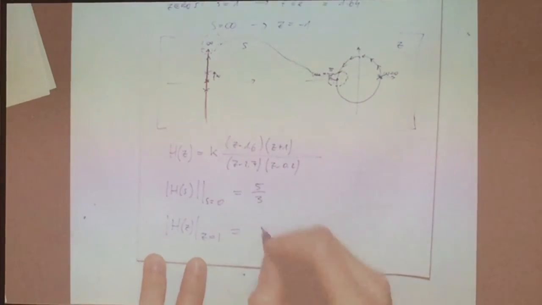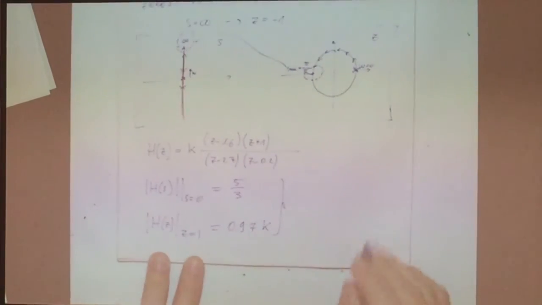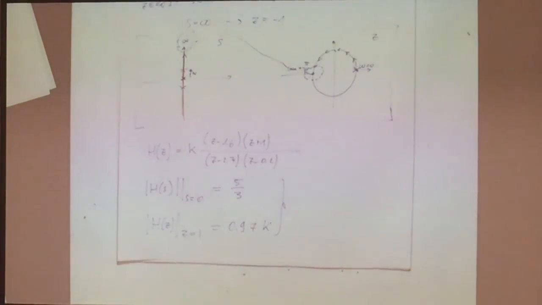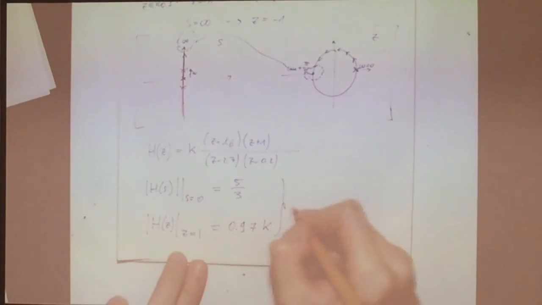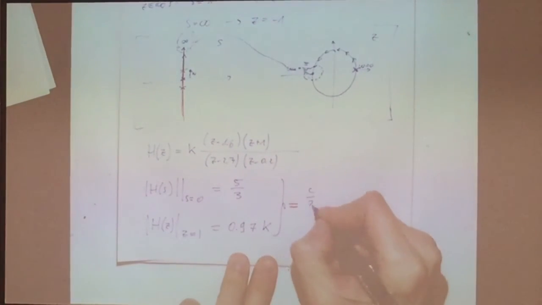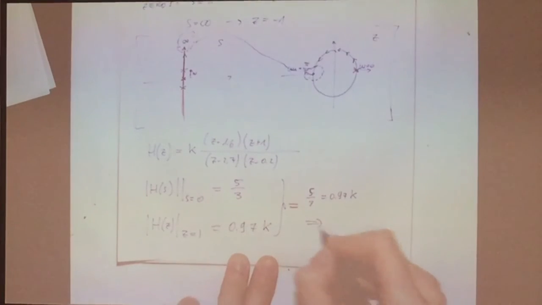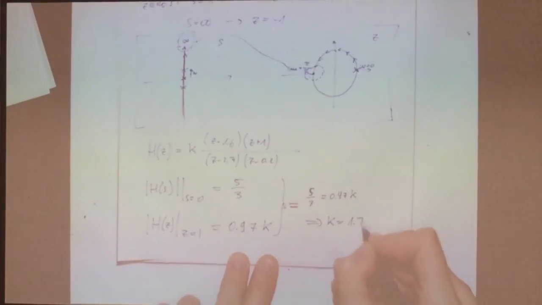And this turns out to be 0.97 K. Unfortunately, K stays in. Fortunately, because it's what we want to find. So we say that these two should be the same, and we get one equation in K. So 5/3 equal to 0.97 K, and therefore K is equal to 1.714.